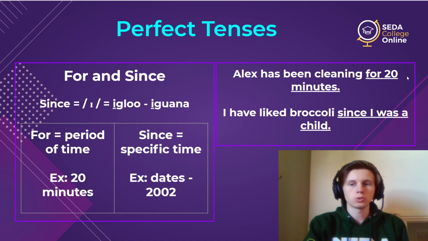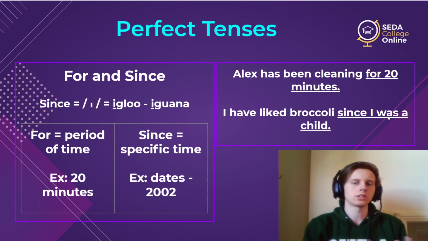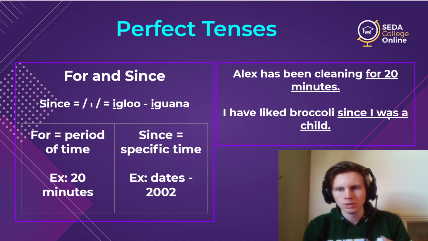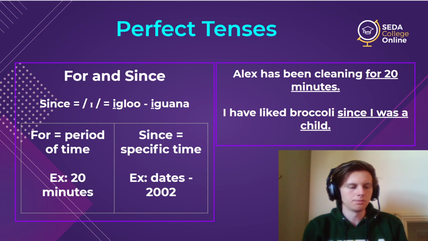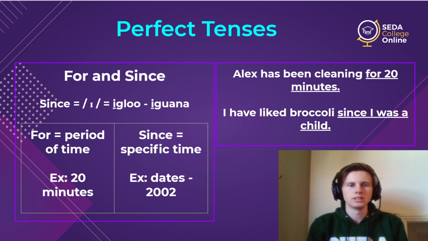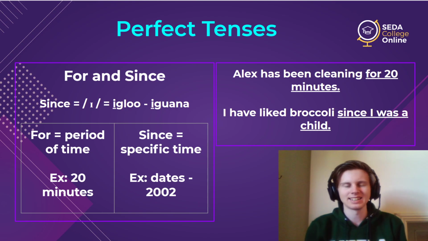So it will be for 20 minutes, for 10 seconds, for 300 years. But since can actually have a subject and a verb. So that's one way that they're actually quite different. And so since I was a child, since 2002, since I was a teenager, you know, since forever, you can say something like that.